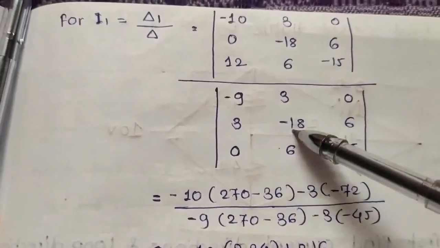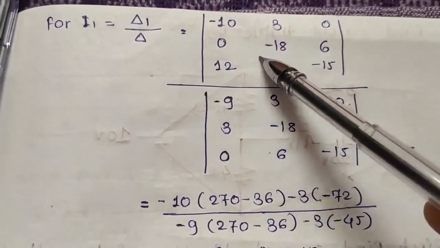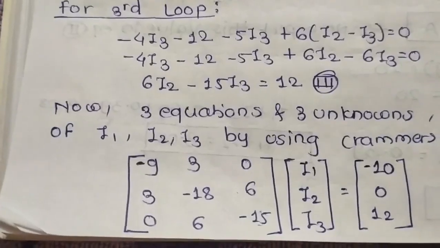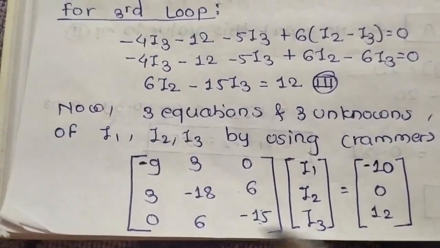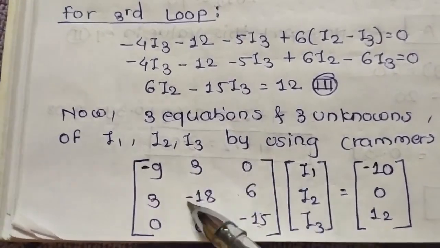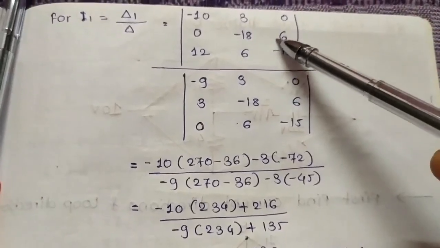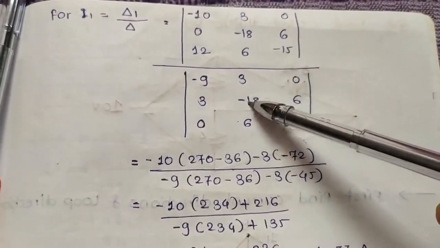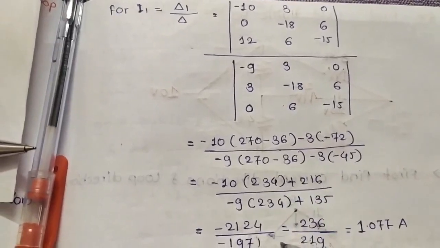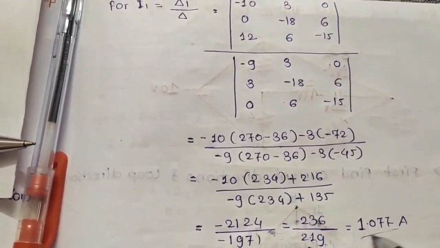See, delta means the determinant of the parent matrix and delta 1 means the column minus 10, 0, 12 instead of minus 9, 3, 0, and these two remain the same. Take this determinant and this determinant. Simple mathematical calculations, and we get 1.077 ampere as the current.